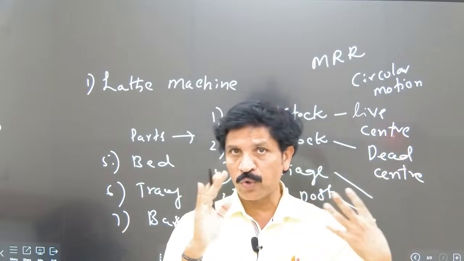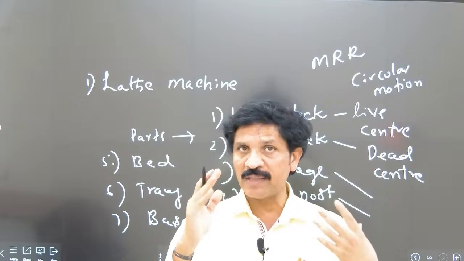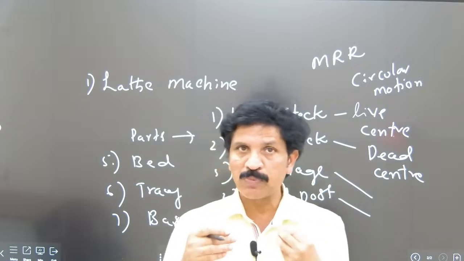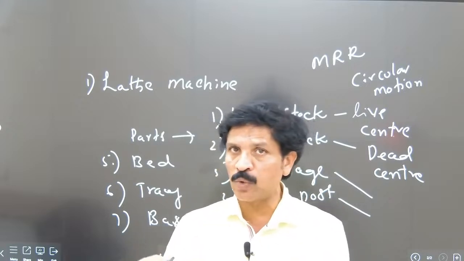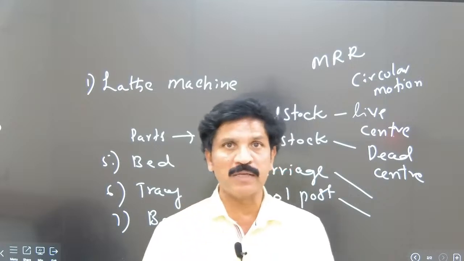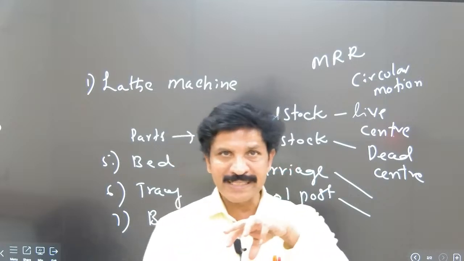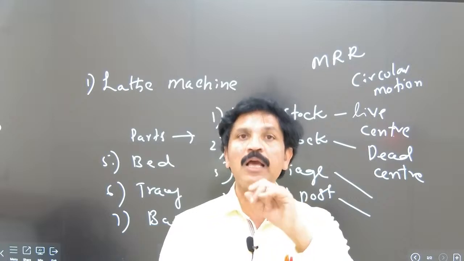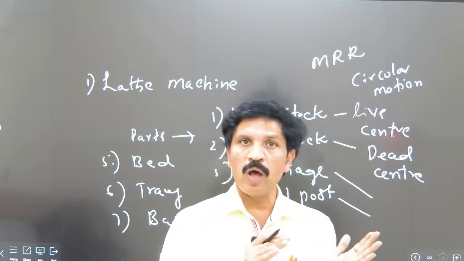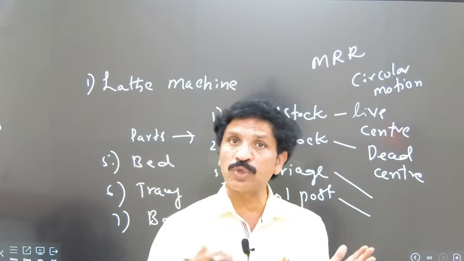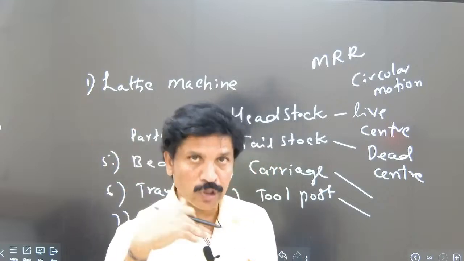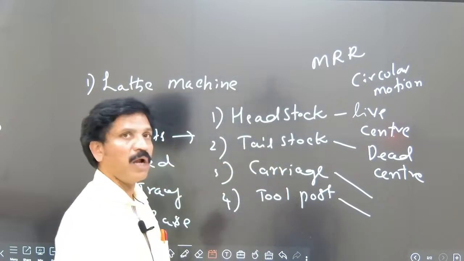There are 4 tools we can fix simultaneously on the tool post. As per convenience, only a single tool is usually fixed, because with multiple tools it is inconvenient for the operator. After one operation, you change the tool for the forthcoming operation. So that is about the tool post.